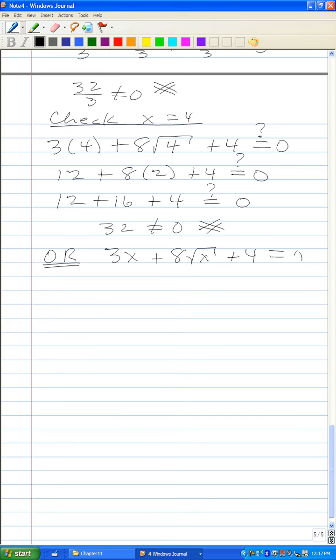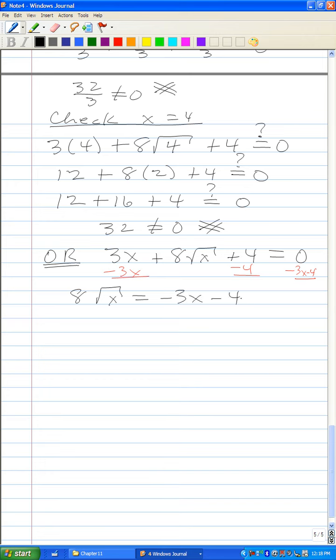Actually, this is the same as what we've done back in, I guess, like 1 or 2 chapters ago when we looked at radical equations in that chapter dealing with radicals. And so let's subtract 3x and 4 from both sides of my equation in order to isolate the radical on one side of my equation. And so 8 radical x equals negative 3x minus 4.